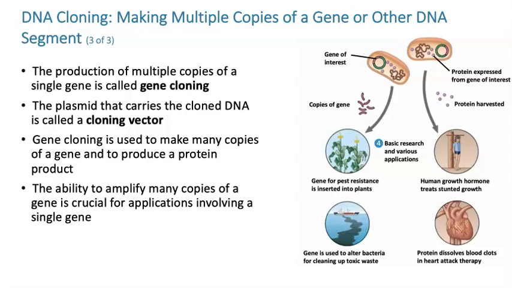And so gene cloning is used to make lots of copies of either a gene product, like a protein, or it's useful for amplifying many copies of the gene itself that can be used to apply to various different situations, like inserting the gene for pesticide resistance or making bacteria that are very good at breaking down toxic waste.